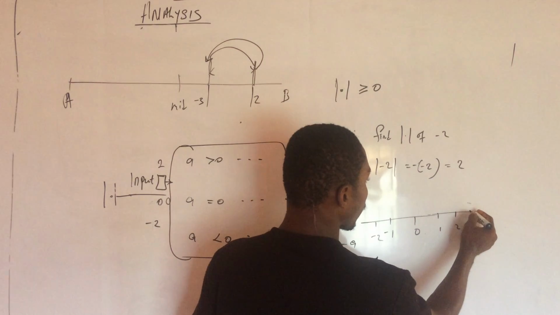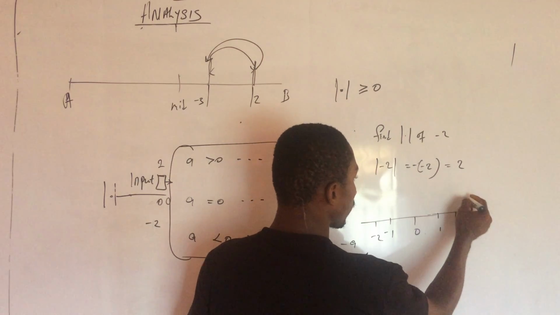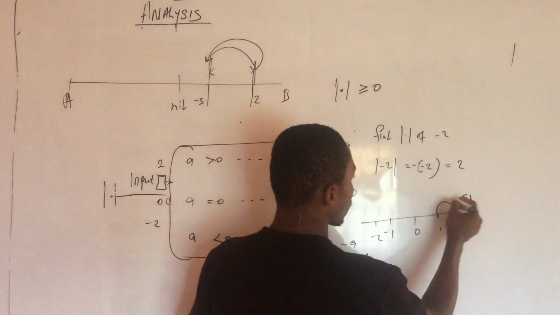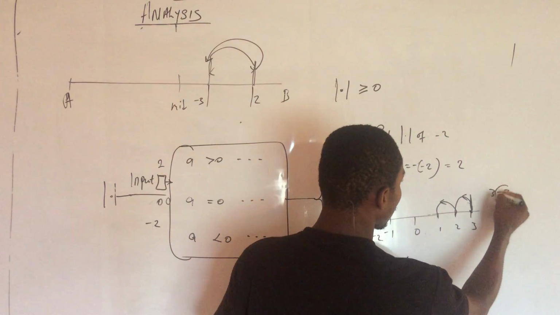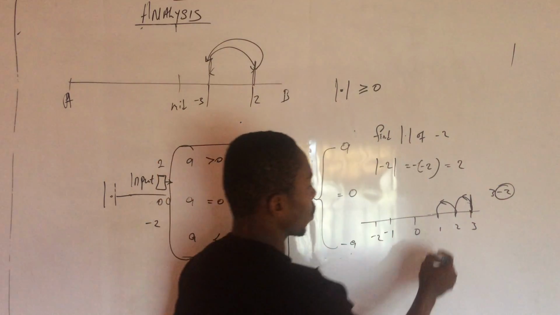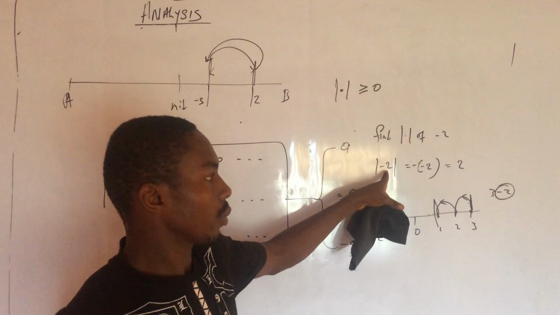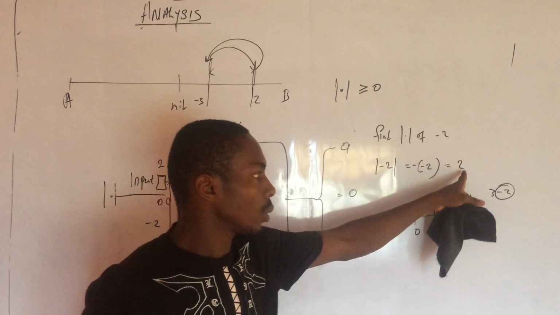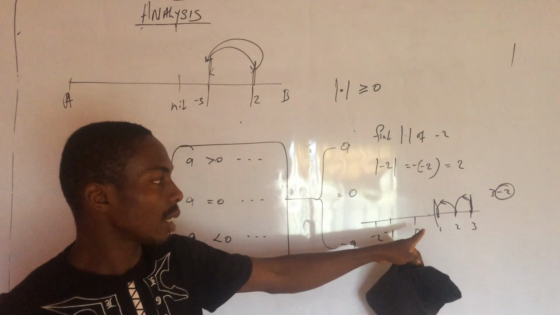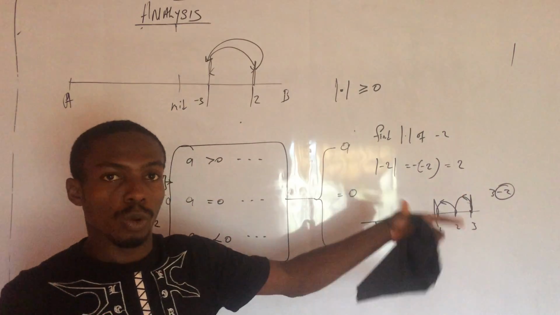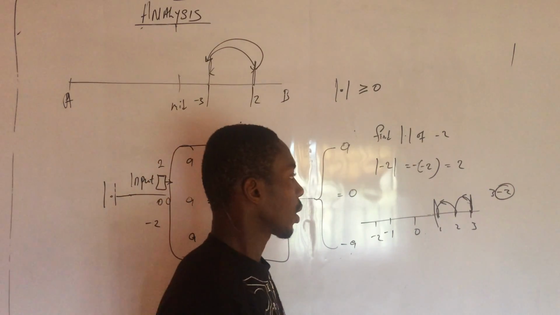Let's take for instance you moved 1, 2, so that is 3 minus 2, so it's still 1. Now this minus, when you put it in absolute value, you get 2, meaning you moved 2 places. The distance between 3 and 1 is 2. So that is it.